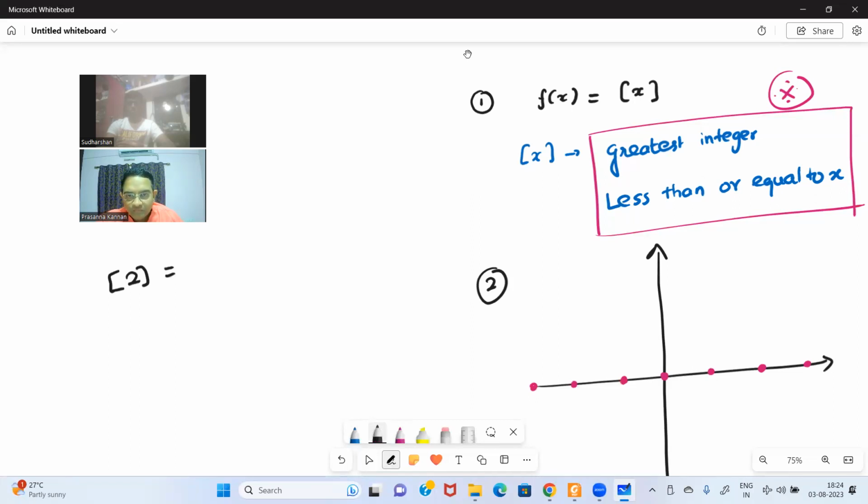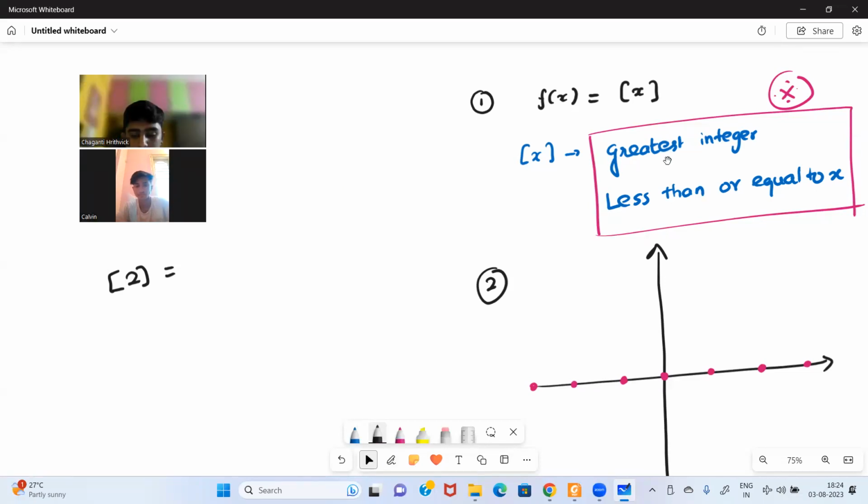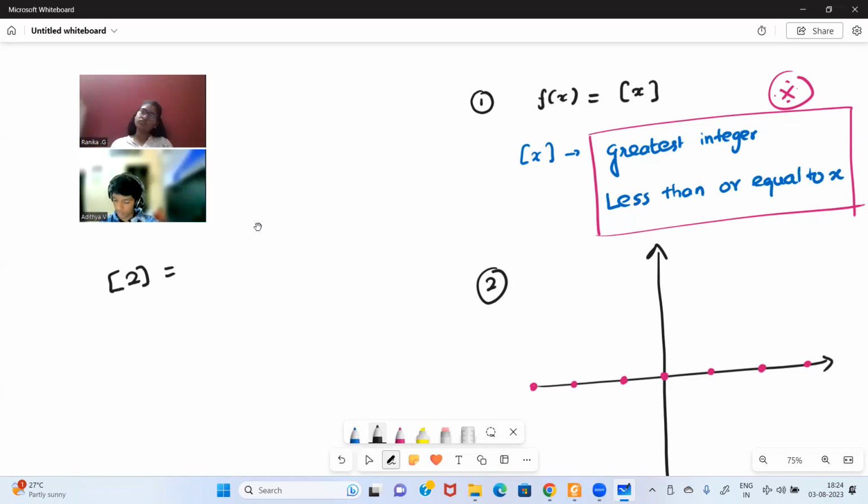Everything from 2 to 3? Yes, Enoch, come on, tell me. Everything from 2 to 3? No, Enoch. Anybody else? Just read through this statement and try answering. Greatest integer less than or equal to x.